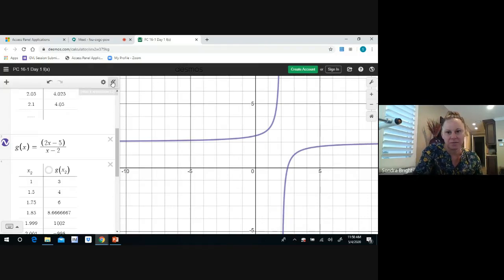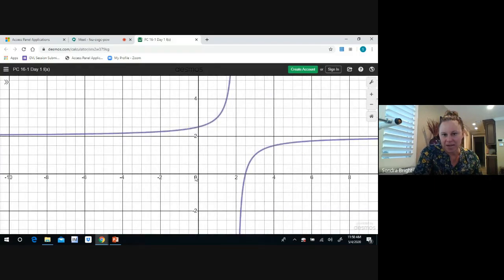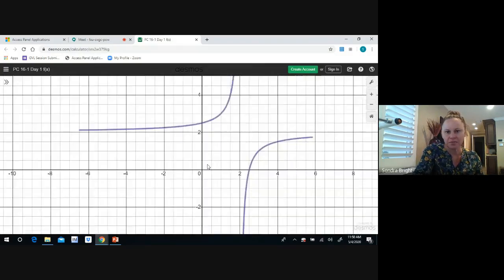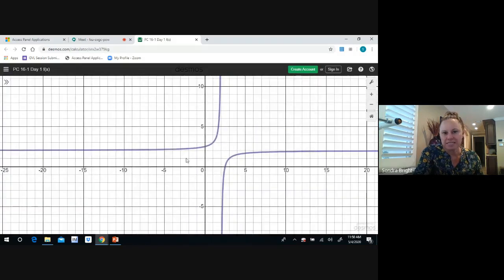So do you see that when x is 2, I've got 2 different things happening. I've got this half of the graph on the left. It's going and going and going and going up. And on this part of the graph from the right, it's going down like that.